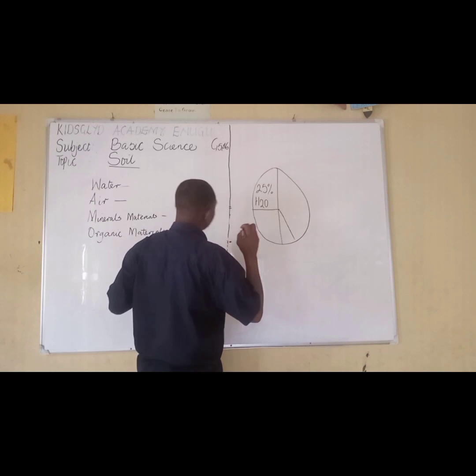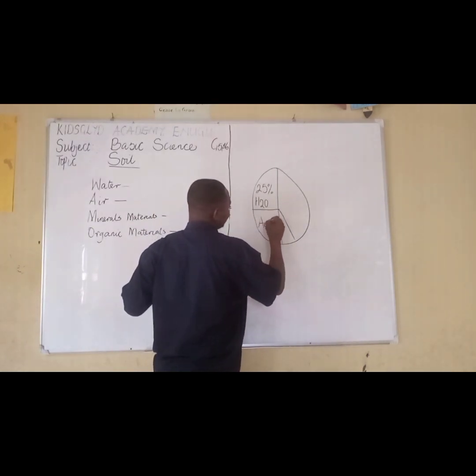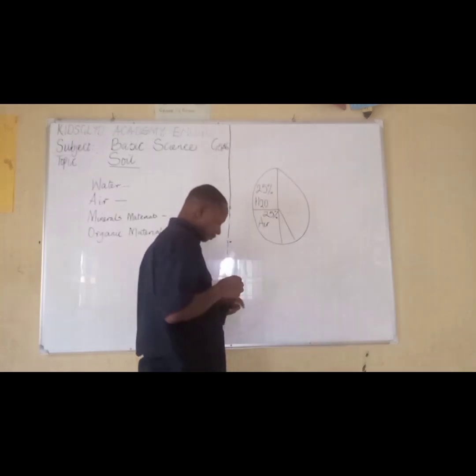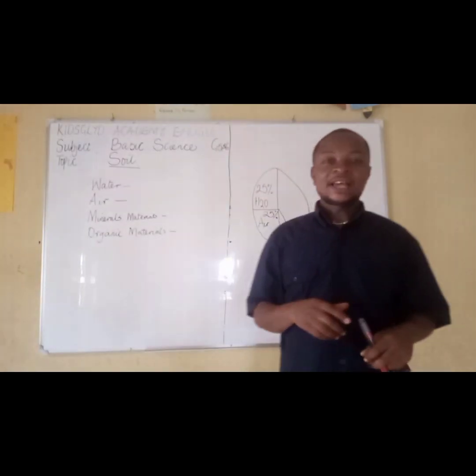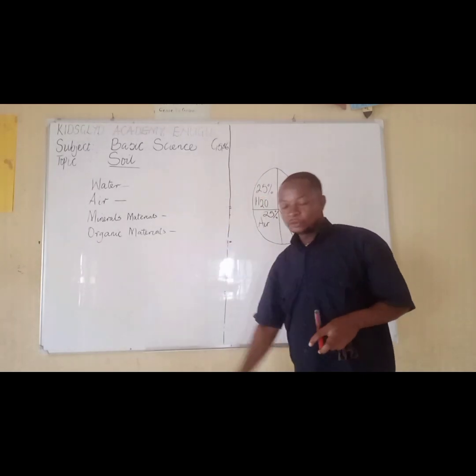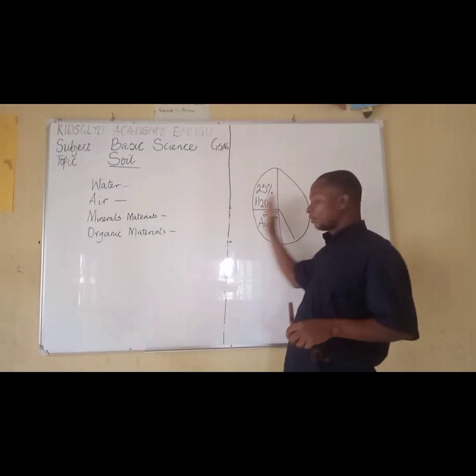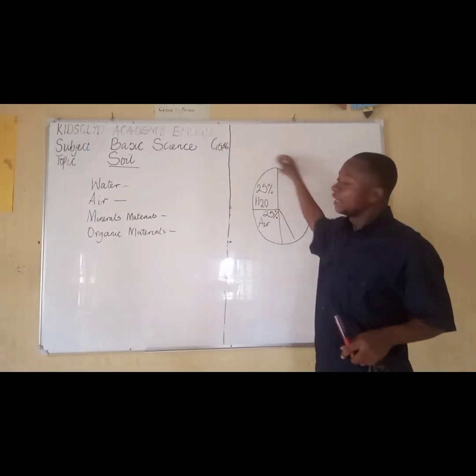Now, also we have air. The air content is also 25%. That means water and air have taken half of the composition of the soil. Just half of it. Let's just take this to be our soil.